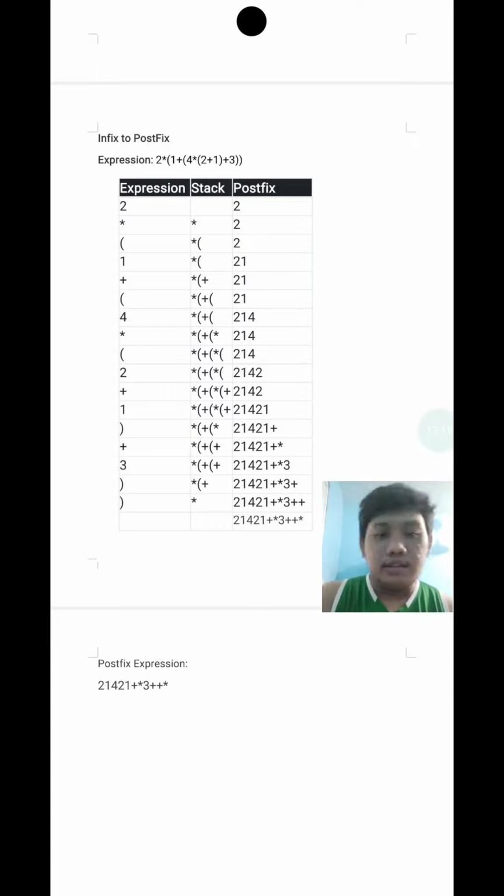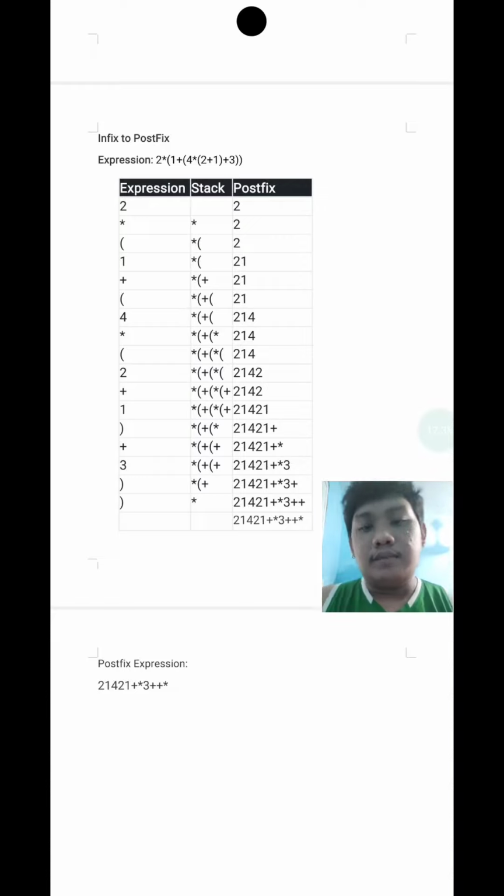Next is the character 4. Since it is an operand, it goes to our output, so our output becomes 2, 1 and 4, and our stack is the same.